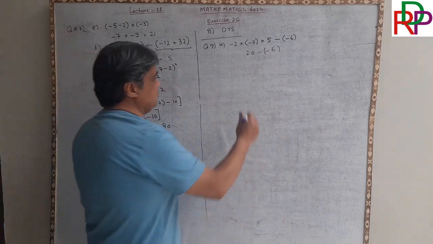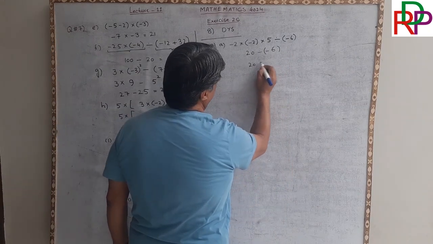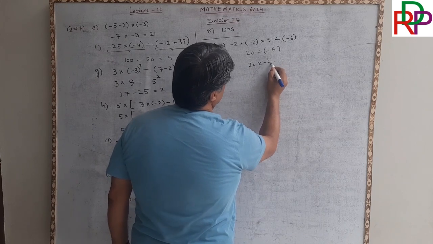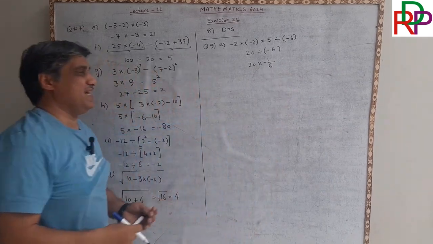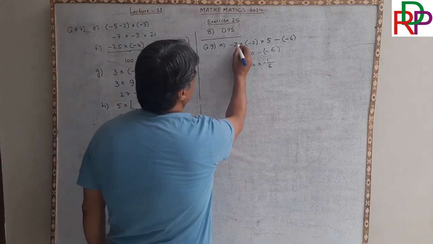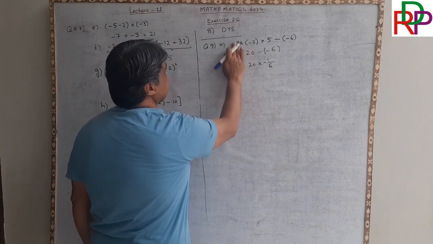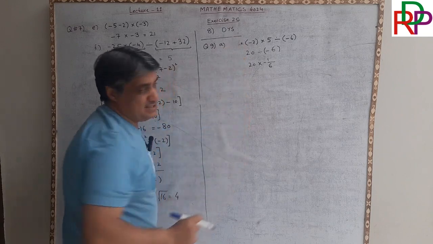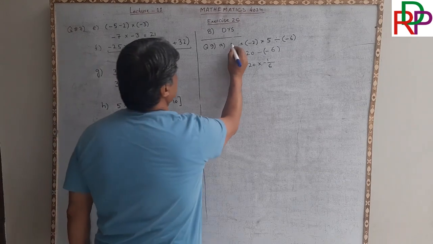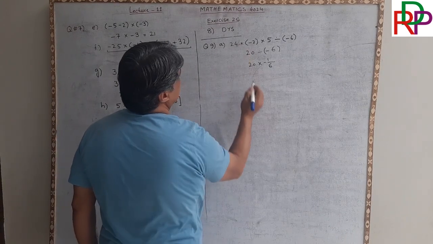Ladies and gentlemen, you know that if we change this division to the multiplication symbol, the next term will be reciprocated. This is not 2, this is 24.